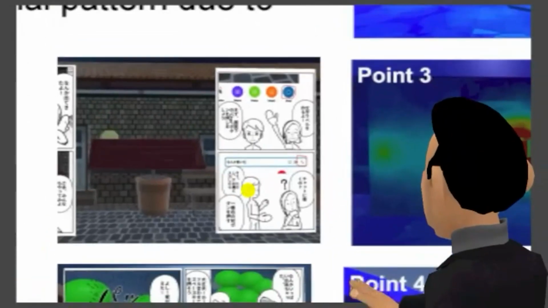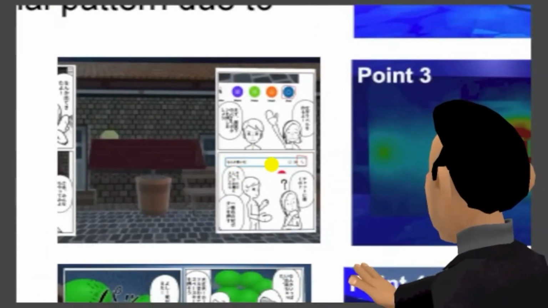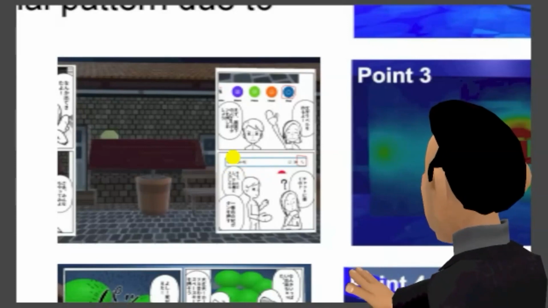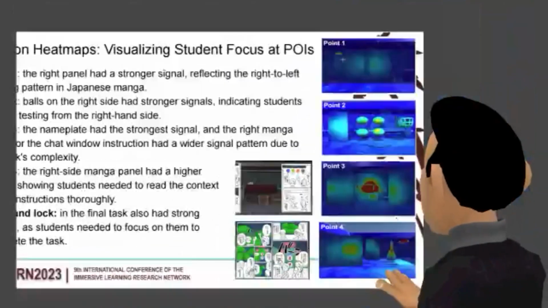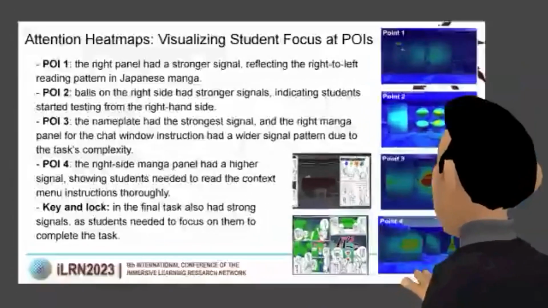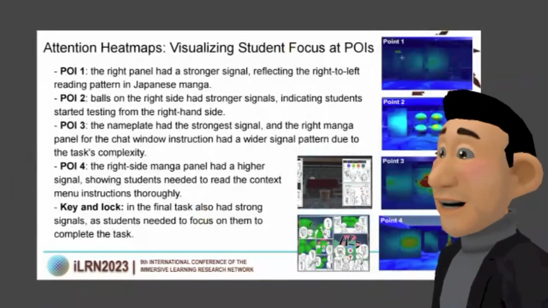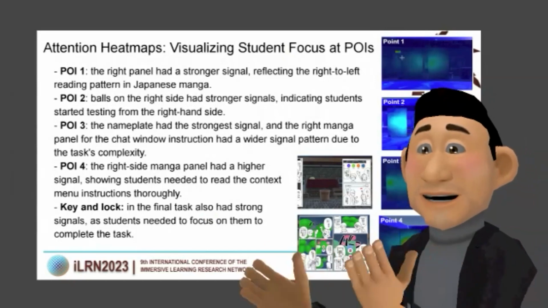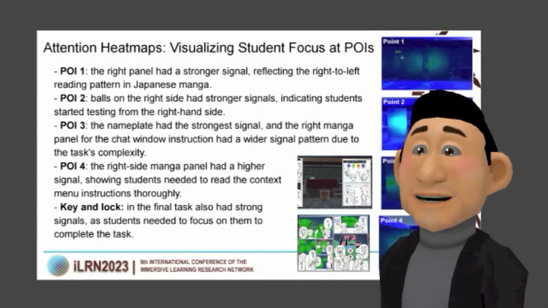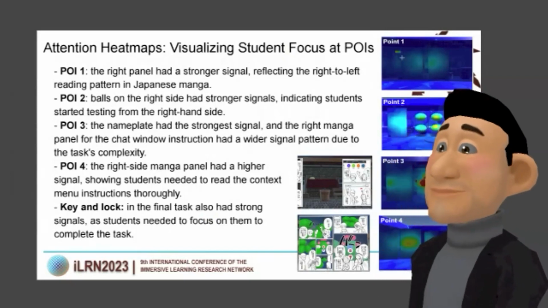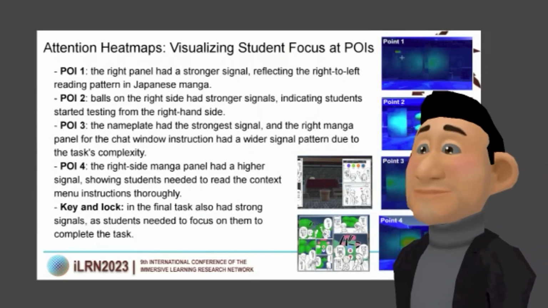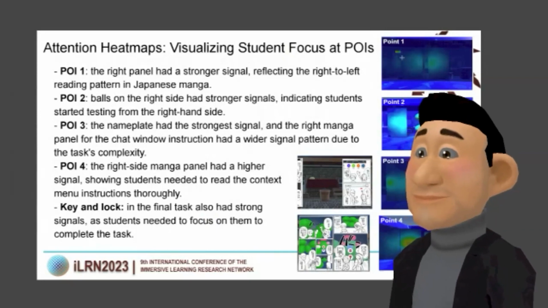There's a chat window here, so they need to use this chat window to type a text and instantiate it. So this scene is specifically designed for this kind of object manipulation so that they can smoothly transfer into a real learning task in future classrooms.